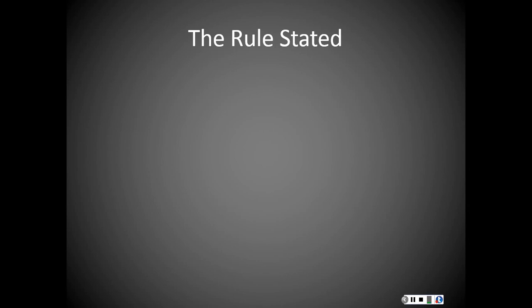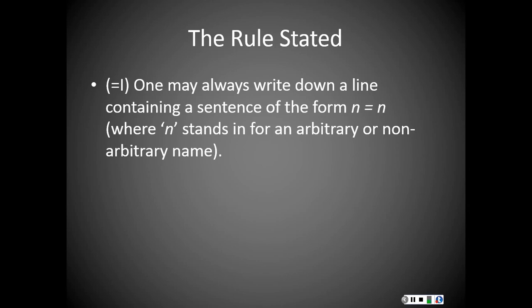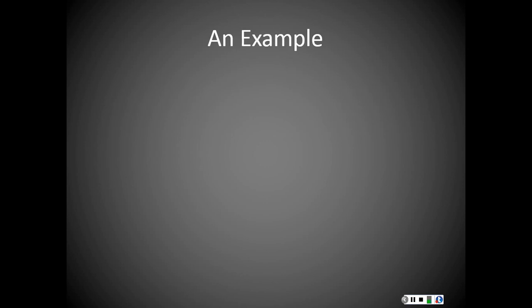So here's the rule stated. One may always write down a line containing a sentence of the form N equals N, where N stands in for an arbitrary or non-arbitrary name. That's it. That's the rule stated. Let's look at a simple example of the rule applied.